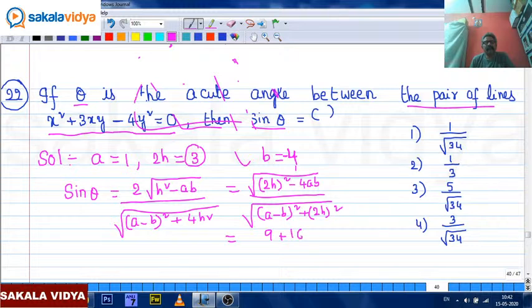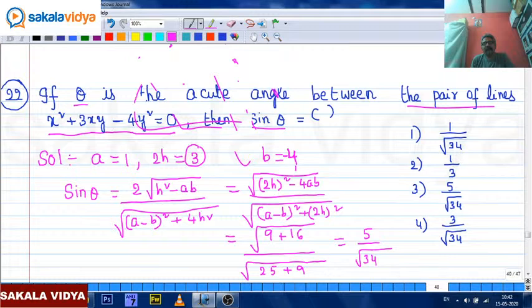Plus 16 under root. And root of a minus b whole square, a minus b whole square means 1. This will be 1 plus 4 whole square is 25, plus 2h is 3, 9. Root 25 is 5 by root 34. So second option.